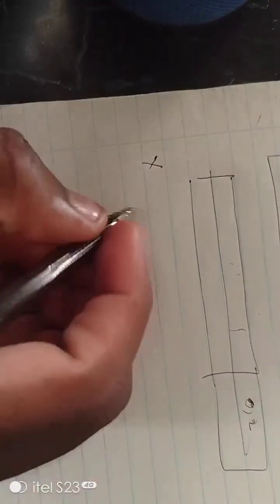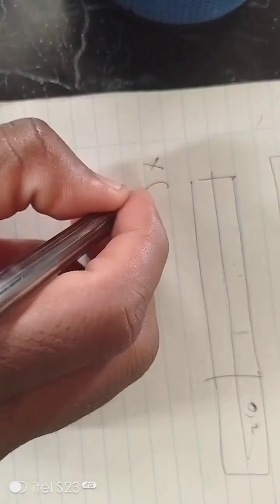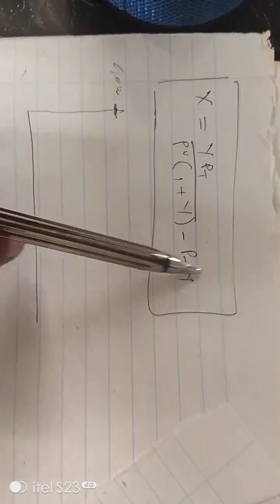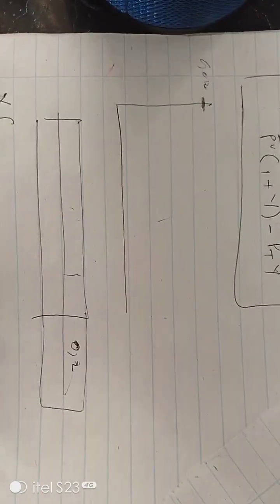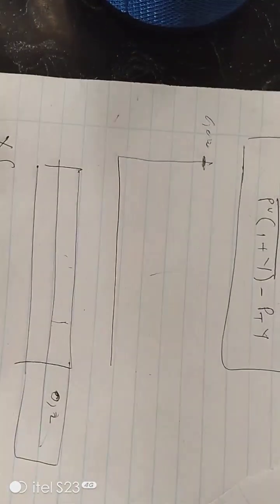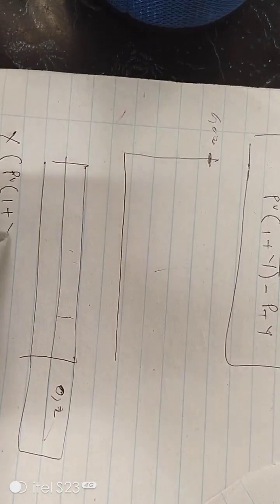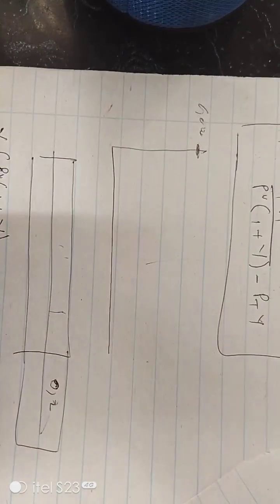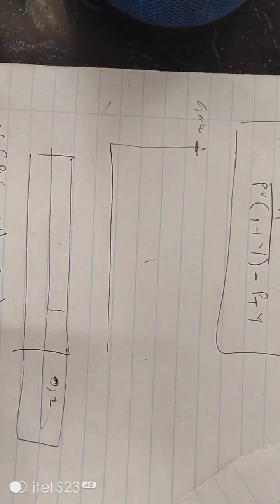Let's say x, and let's multiply it with the denominator, which is this one, so that we break it and make y the subject of the formula. Vapor pressure (1 + y) minus total pressure y is equal to y Pt.